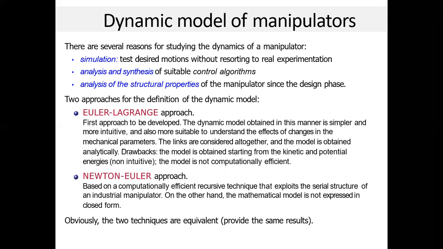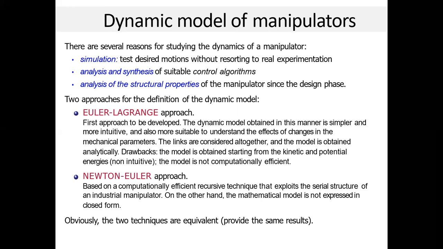The drawback is that the model is obtained starting from the kinetic and potential energies. The model is not computationally efficient, unlike the computationally efficient recursive technique that exploits the series structure of an industrial manipulator. On the other hand, the mathematical model is not obtained in closed form.